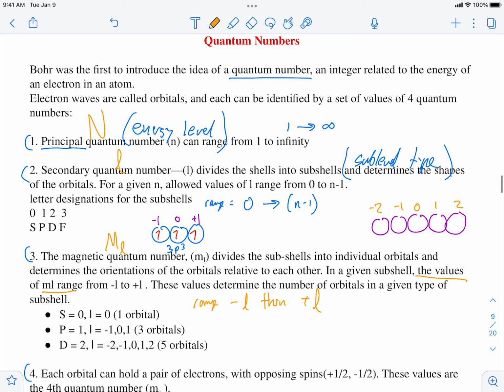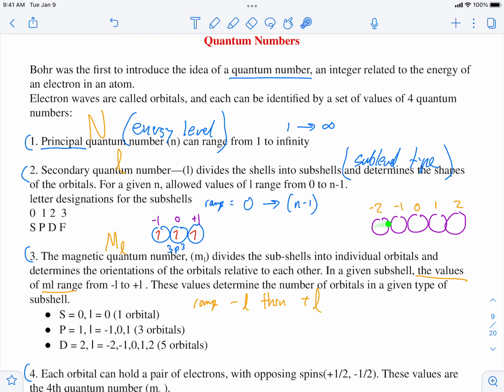Let me elaborate on that. This subshell right here is what type? It's a p-type. What numerical code is given for the secondary quantum number for a p-type? 1, right? So when I say the range of the magnetic quantum number is negative L through positive L, if L was 1, then your range is -1 through +1.